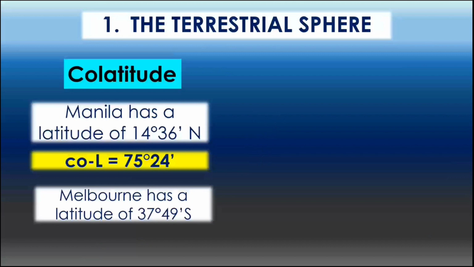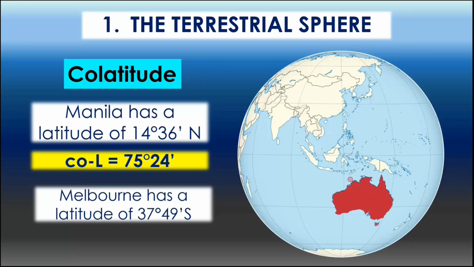Another example, Melbourne, Australia, has a latitude of 37 degrees 49 minutes south. In determining the co-latitude of it, since Melbourne is on the south of the equator, remember what we need to do for the co-latitude.